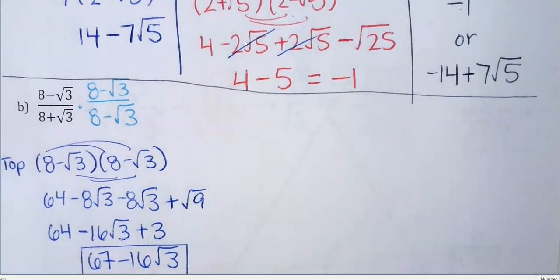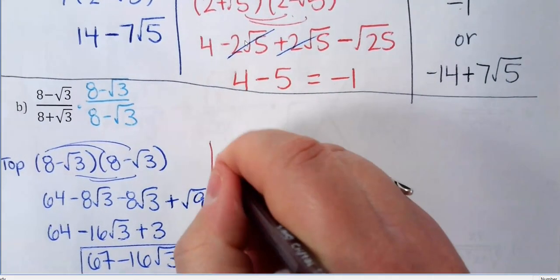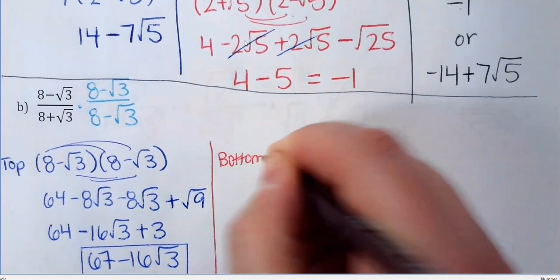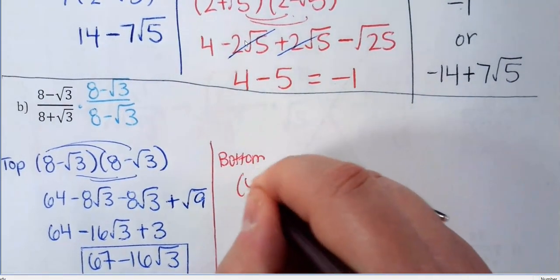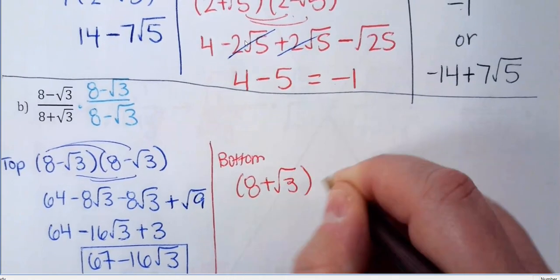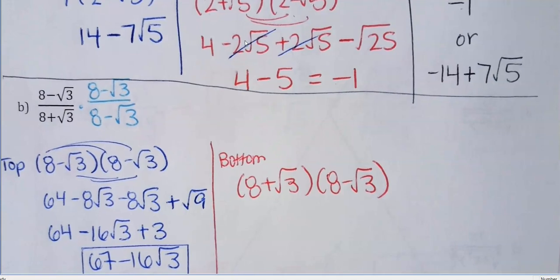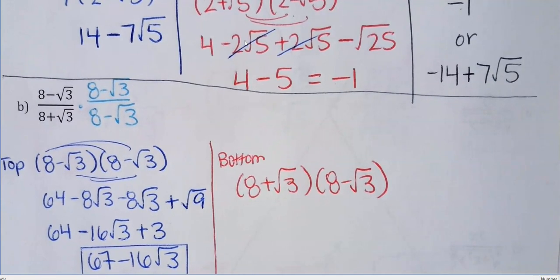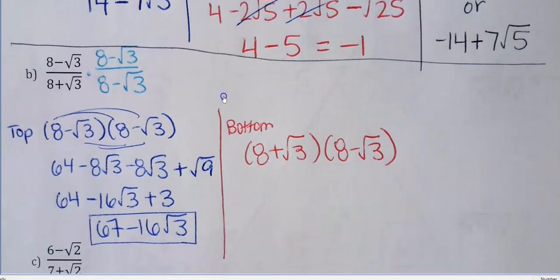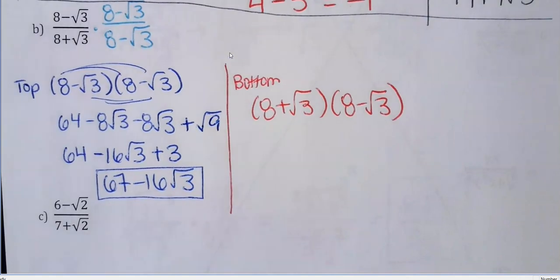And then, real quick, I'll do the bottom. So now the bottom, we're multiplying conjugates together. So 8 plus root 3, 8 minus root 3. Can anybody tell me, maybe without foiling it all out, what would you subtract there?